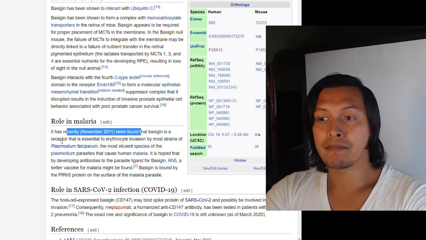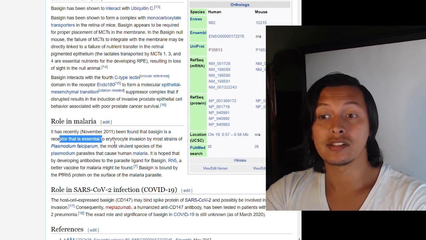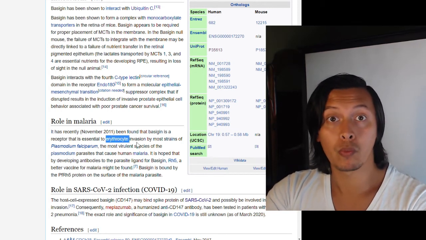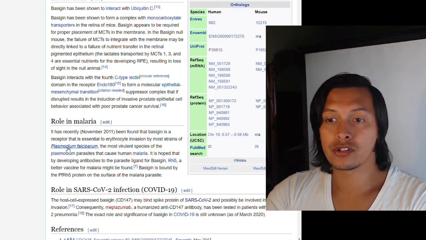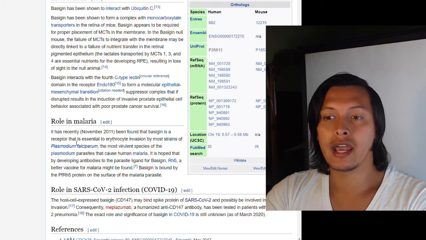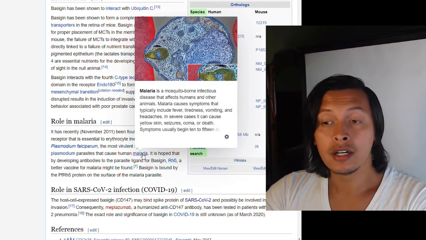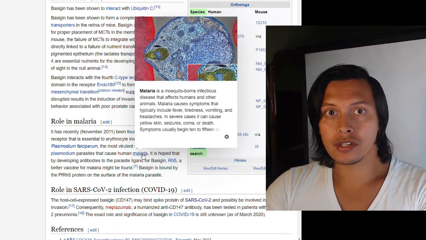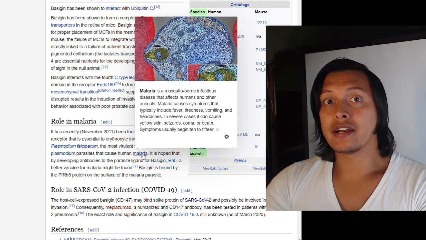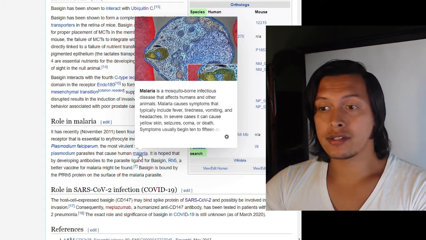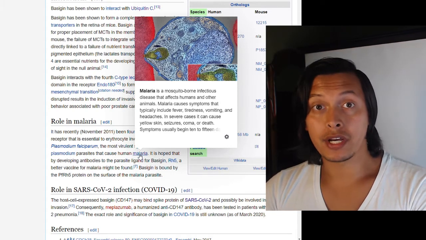It is found that Basigin is a receptor that is essential to erythrocyte or red blood cell invasion by most strains of Plasmodium, which causes malaria. So malaria will use this CD147 that is on the surfaces of red blood cells to infiltrate them.